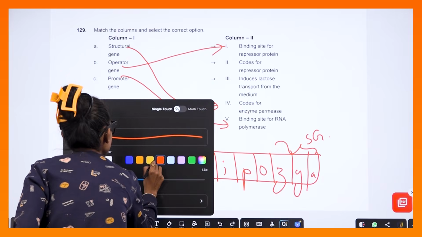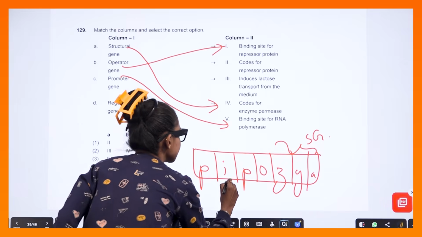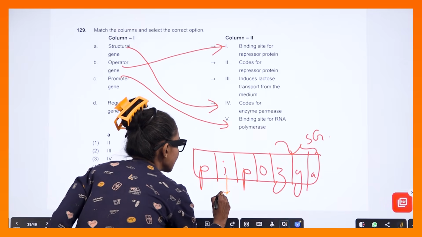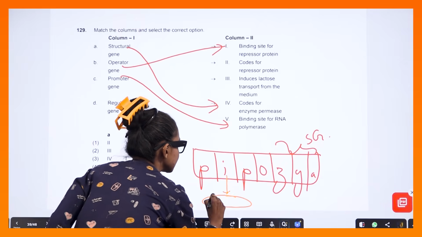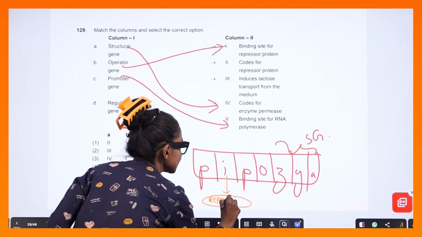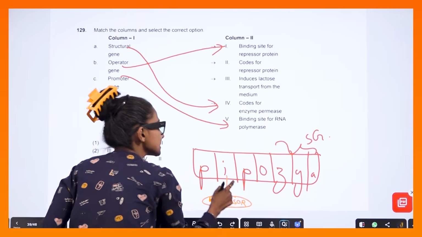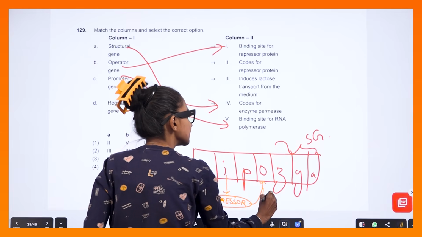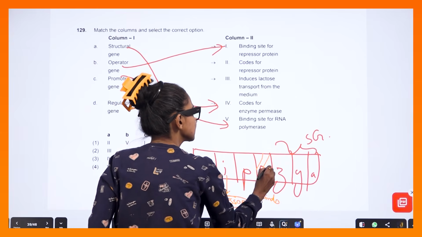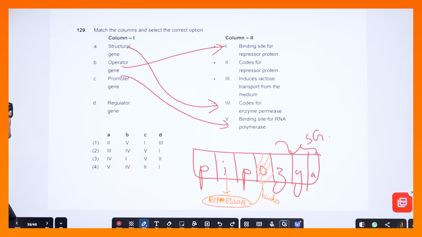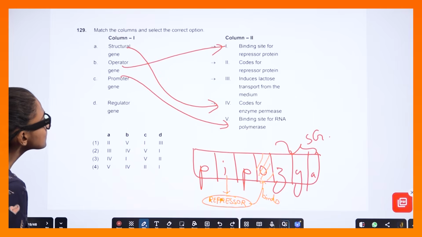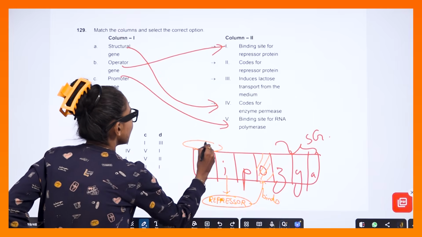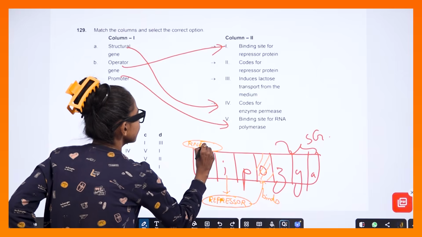Operator is the part where the repressor will come and bind. Repressor is synthesized by the I gene. This repressor goes and binds here so as to block the operator. Correct? And this is where the RNA polymerase will bind, right?